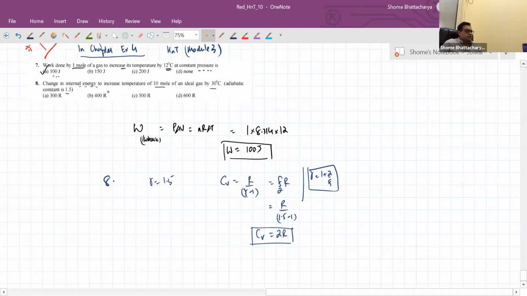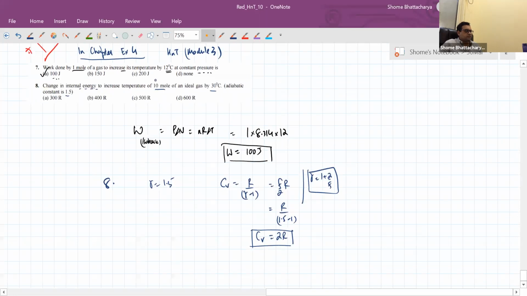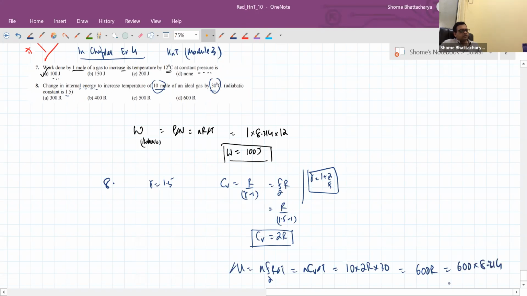Yeah. So now we want to increase the temperature of 10 moles by 30 degrees C. So delta U will be n f by 2 R delta T, which is the same thing as n Cv delta T. So 10 moles by 30 degrees C, this should be 600 R, or 600 into 8.314.